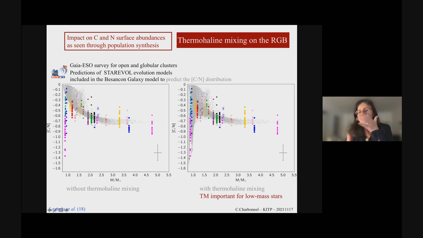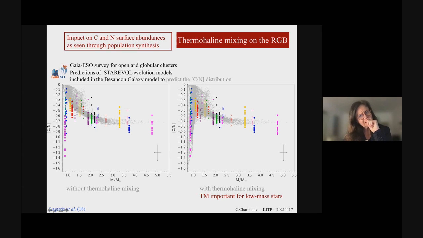But if you were putting the stars along the color magnitude diagram of the clusters, you would see the brighter star would be here and the less bright star would be here. So it's really an evolutionary sequence. You really see the thermal mixing act along the color magnitude diagram.